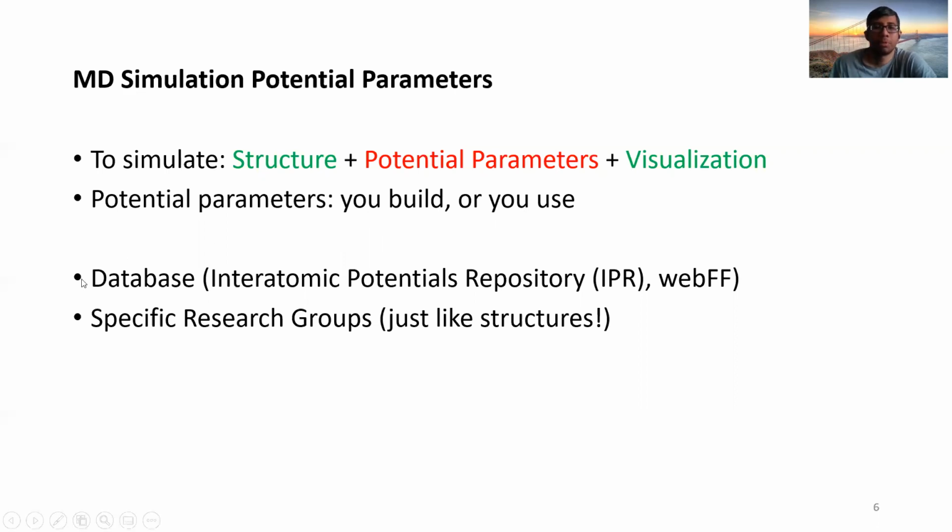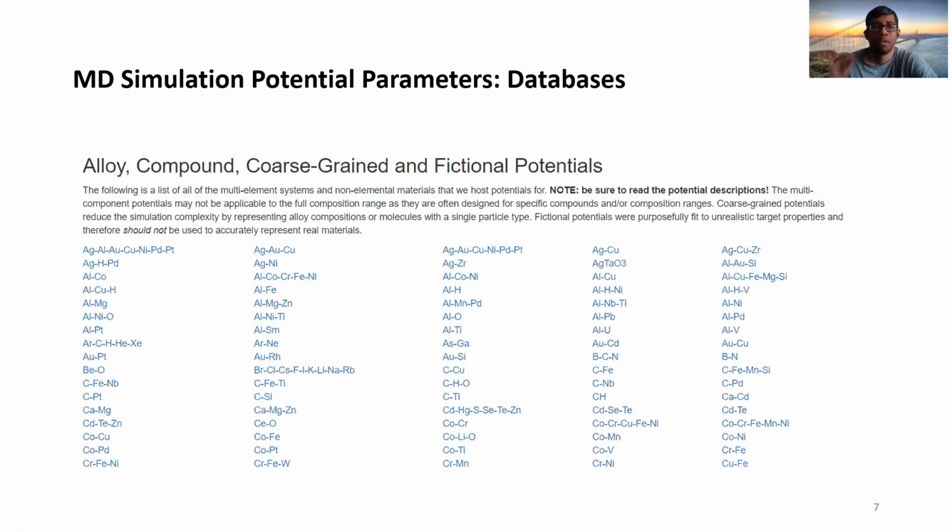Sometimes these potential parameters are available from the databases, for example, through IPR or WebFF, some popular repositories. Sometimes, just like structures, you can obtain them through specific research groups, which particularly engage in developing potential parameters for particular systems.